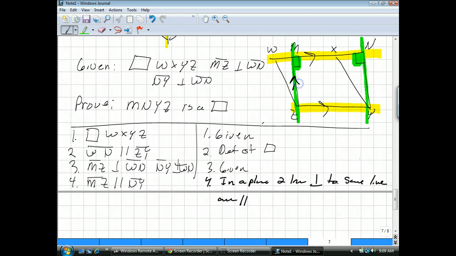So now we know this is parallel to this. And now we have both pairs of opposite sides parallel. So then number 5, now we can say that MNYZ is a parallelogram by definition of parallelogram.